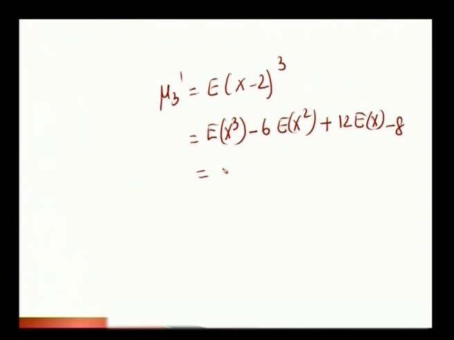Substituting the respective values given in the question and which you have found out, 76 minus 6 into 24 plus 12 into 3 minus 8, the answer comes to be equal to minus 40. So, we have proved the first moment about arbitrary point 2 is 1, second moment about arbitrary point 2 is 16, third moment about arbitrary point 2 is minus 40. This is what you are requested to show in this problem.